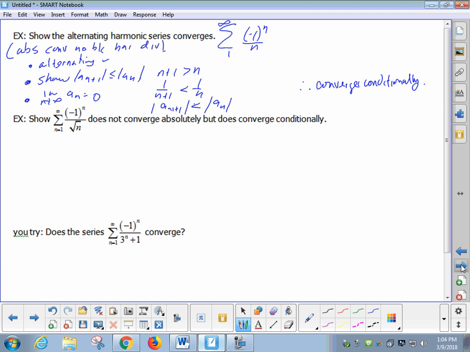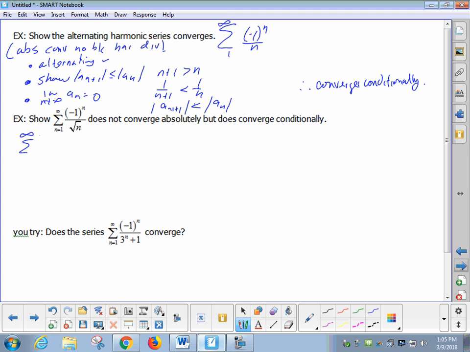You follow? Okay. Questions might be asked differently, depending on your textbook and such. So one question might read this way: does this converge absolutely, or show it does not converge absolutely, but it does converge conditionally? Well, how will I show it does not converge absolutely? I need to show that the positive diverges.